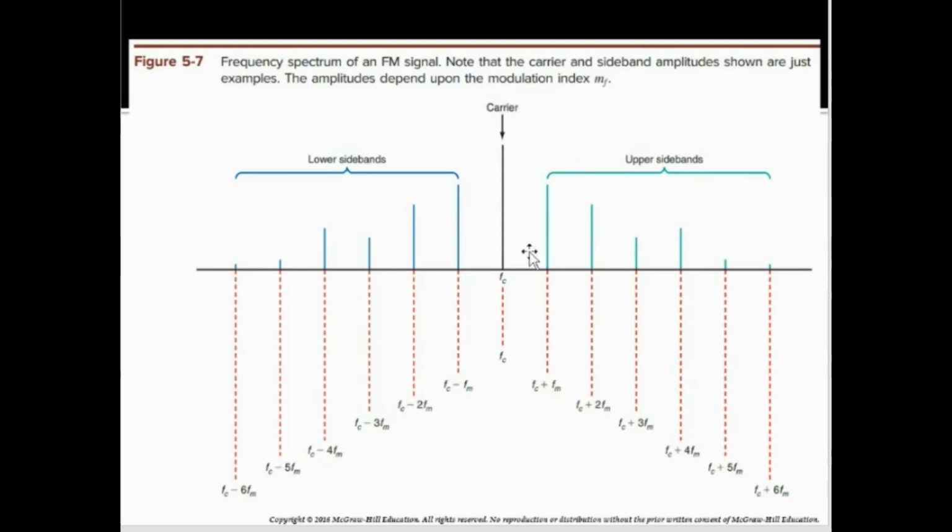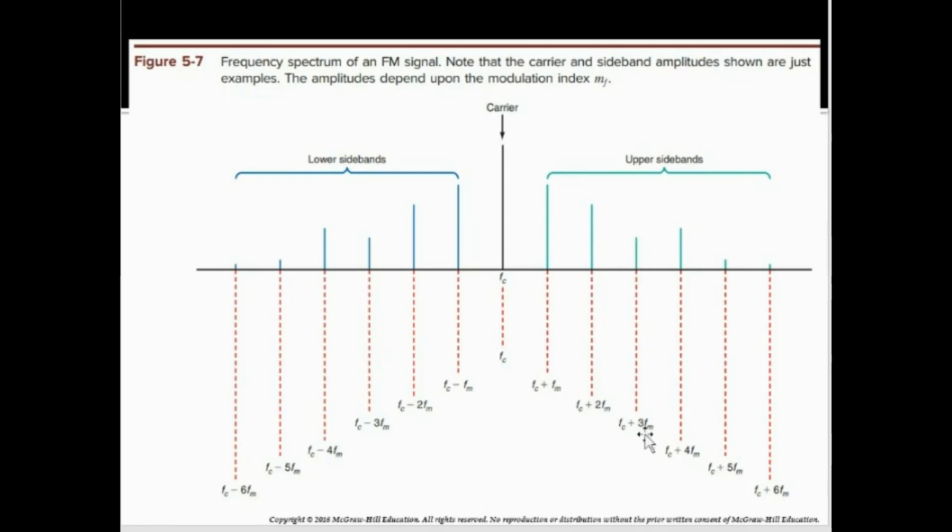In FM, this is not the case. You can see that suddenly in some sidebands, the amplitude is higher than the previous amplitude.